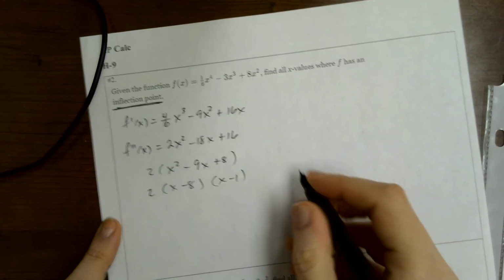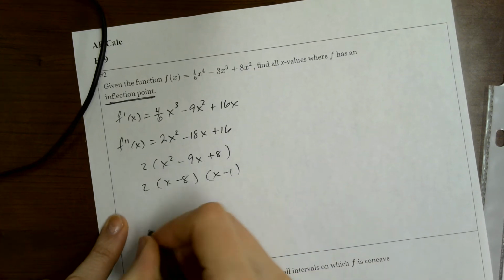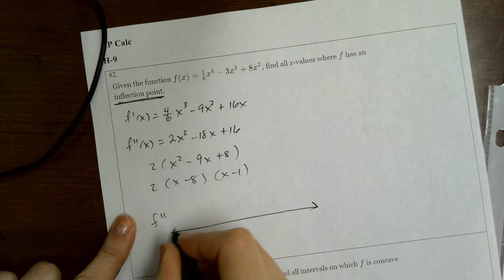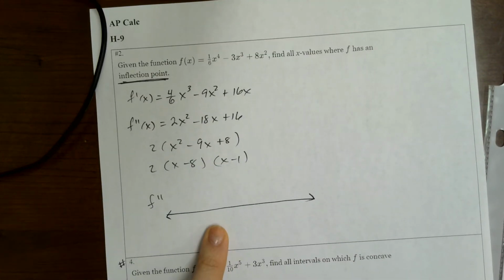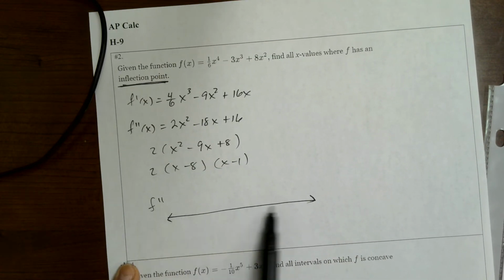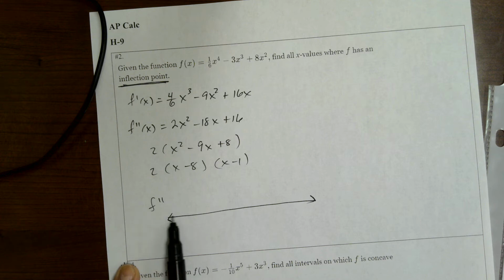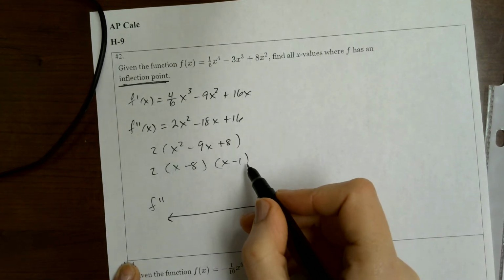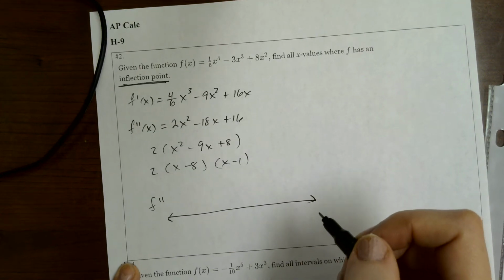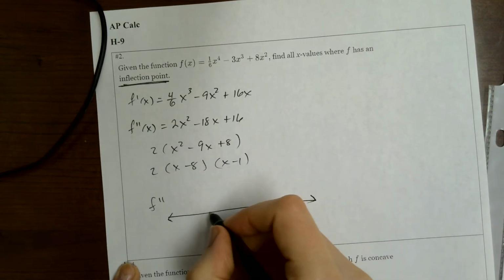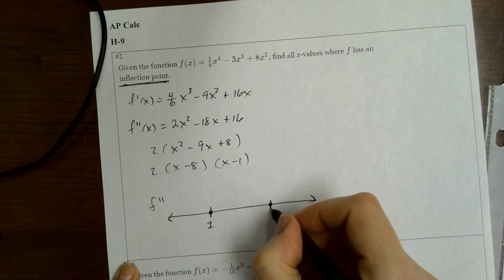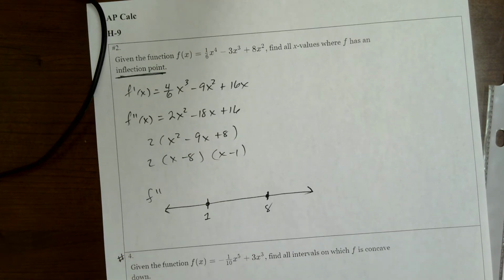Okay, so make sure you label the number line, guys. Okay, this is the f double prime number line. So x equals 1 and x equals 8. That's where f double prime is 0.